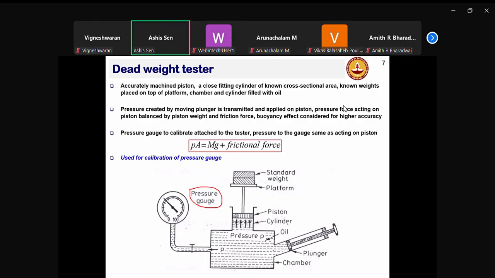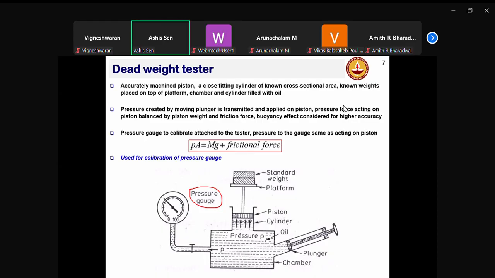And one limb of the chamber is connected to a plunger, which is movable. There is a screw, lead screw kind of arrangement here, which can be moved up and down in this direction. And here you have a cylinder kind of arrangement at the top, and you have a piston. And this piston is connected to a platform on which you can keep some standard weight. And here you create a fluid line and connect to a pressure gauge that you want to calibrate.